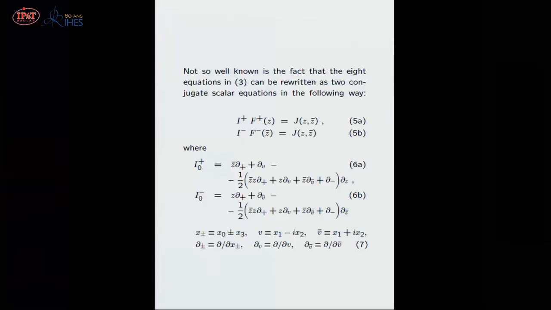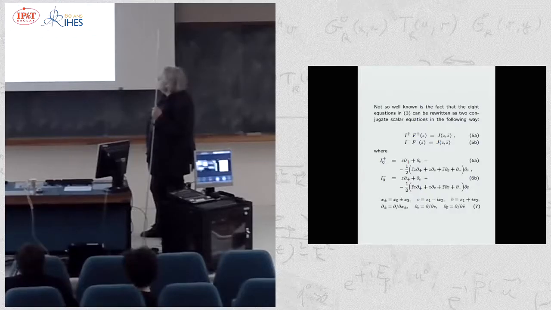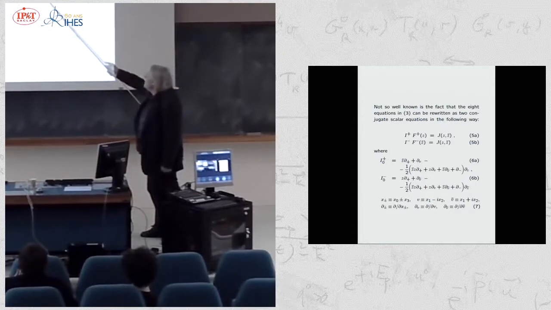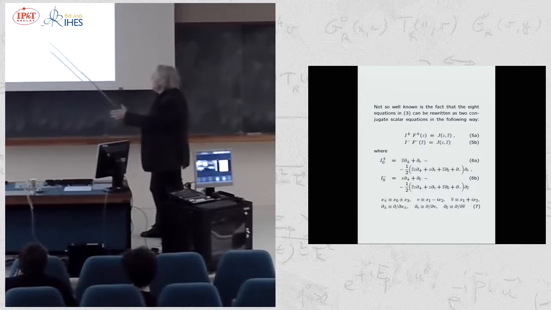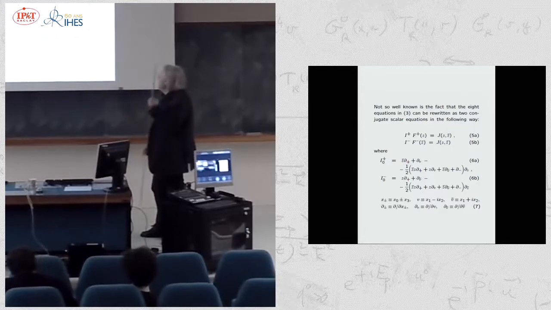What maybe you don't know is that equation 3 can be written as two conjugate scalar equations, phi A and B. I'm sorry for the mistake. There should be an index 0 here. This is the notation for these operators.